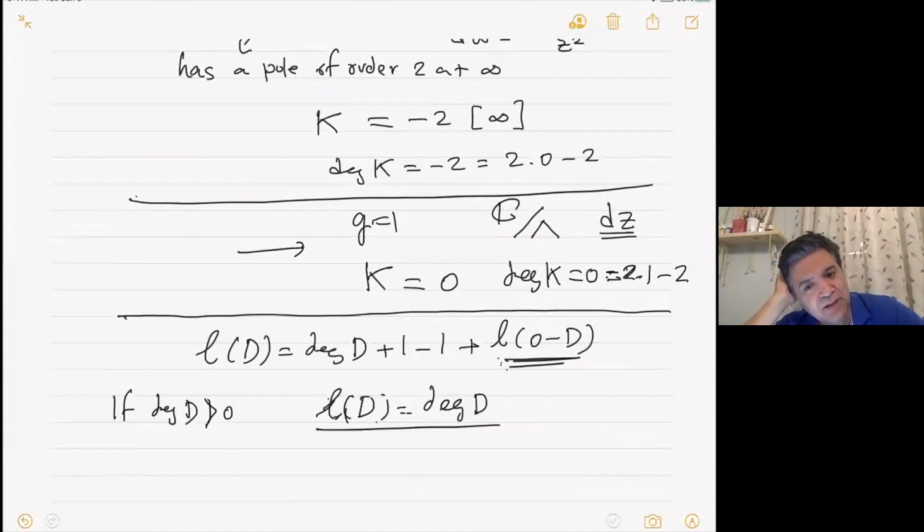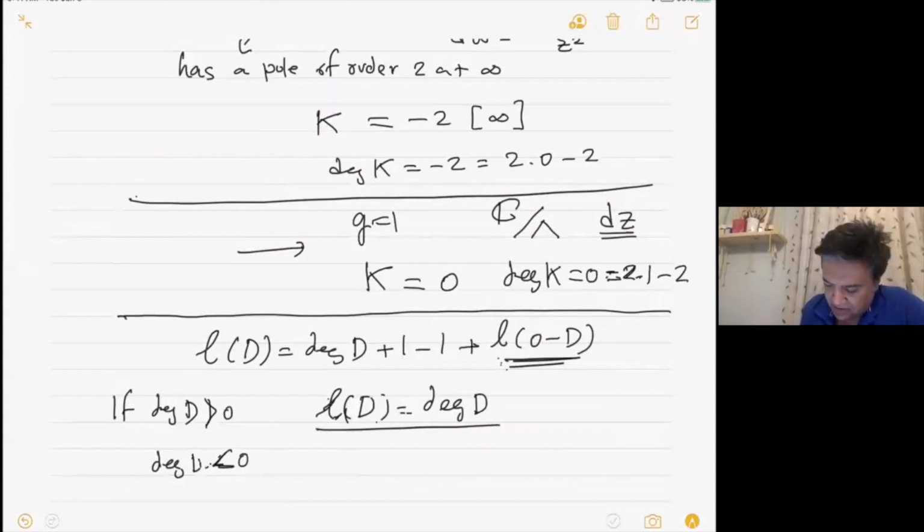So this is a formula that actually works perfectly without any other terms in it. And for degree of D less than 0, we know that L of D is 0.